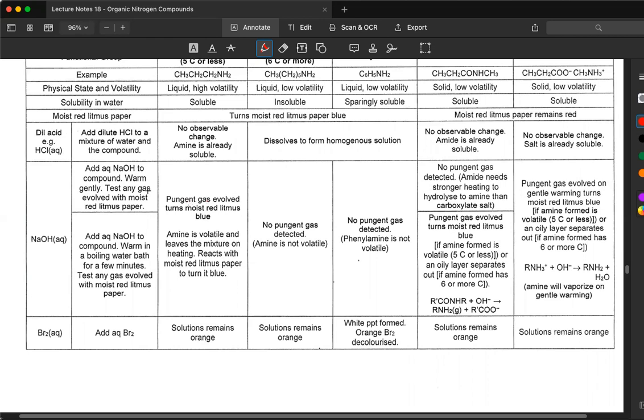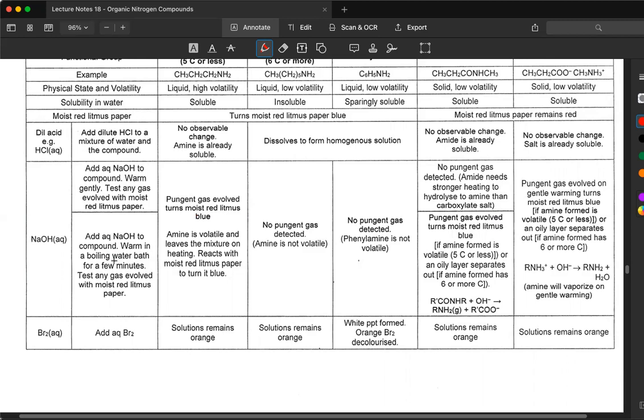Then for sodium hydroxide, you will form a pungent gas, the ethylamine. Same if you add aqueous sodium hydroxide and warm in a boiling water bath, that will do as well.